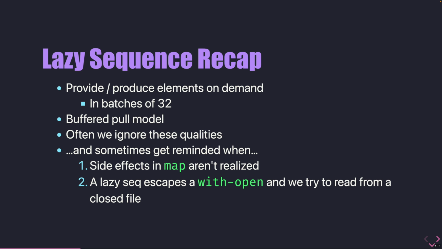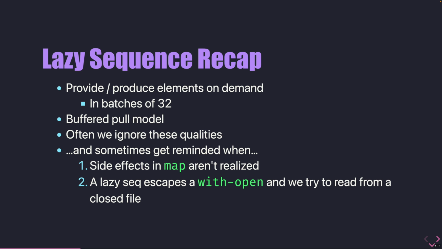And what these things are really doing when we have a chained pipeline of these transformations is that each function is producing a sequence that is buffering up elements in batches of 32. So let's say we have some values in our input, we're mapping over those and incrementing them, and then we have a filter after that.